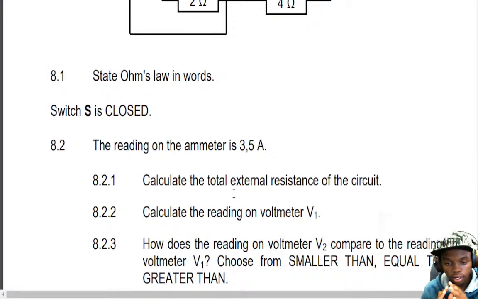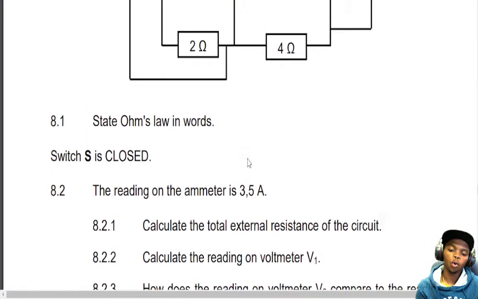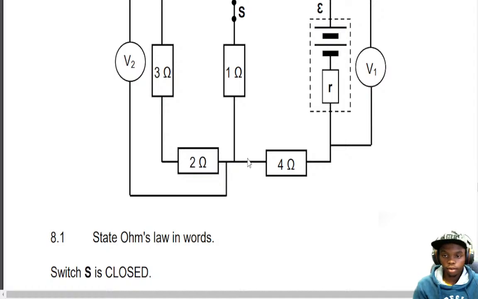It says calculate the reading on voltmeter 1. Now, as we said, guys, V1 is the EMF across the battery. So that's the total energy that the battery supplies, the EMF of the circuit.